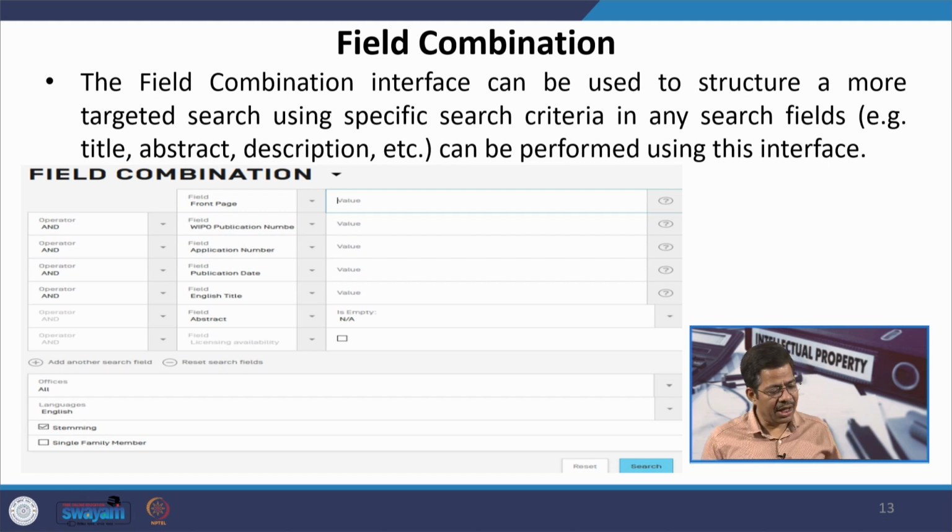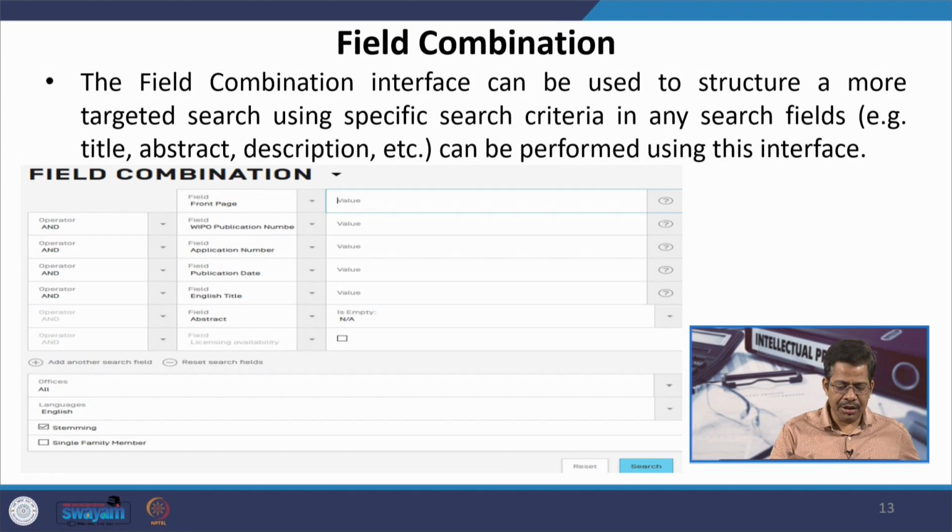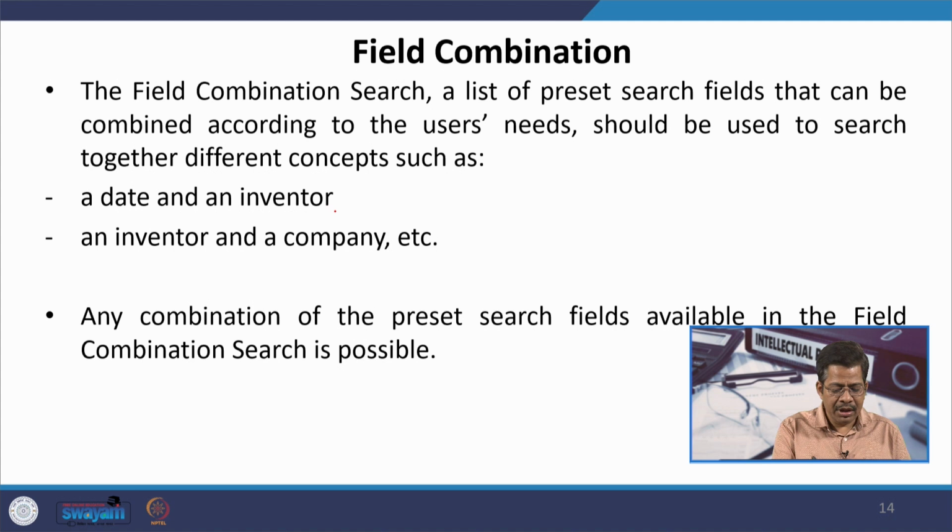Then you can have a field combination interface also, where you can do different types of field combinations by adding criteria, which is very simple, and we do this in other patent databases also. Field combinations are possible, such as date and inventor, inventor and company's name, etcetera. So, you may create combinations as per your requirement.